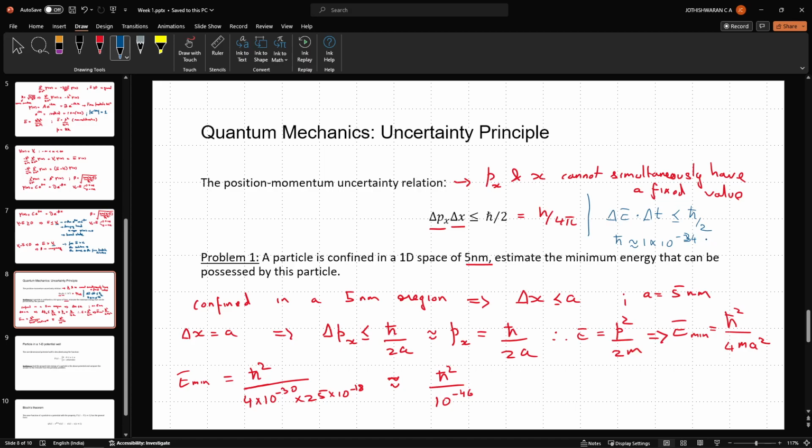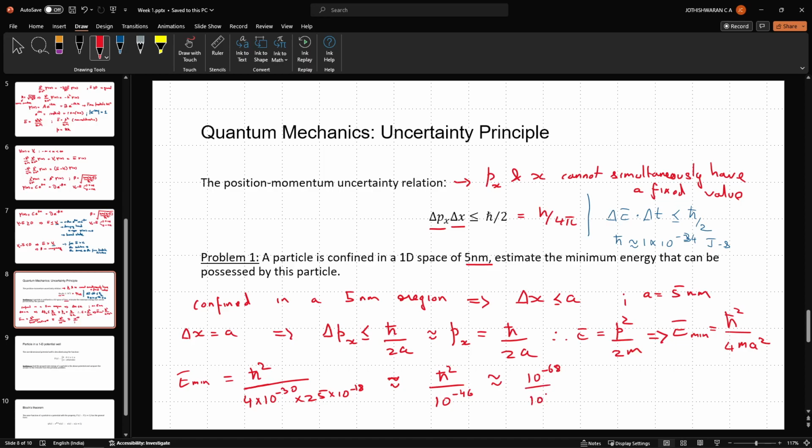Okay, so the unit here is Joule second, or the unit of angular momentum. Since this is 1 into 10 to the power minus 34, the square of that will be approximately equal to 10 to the power minus 68.